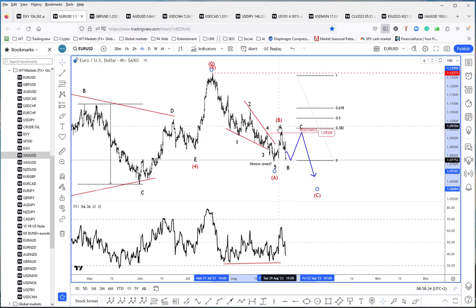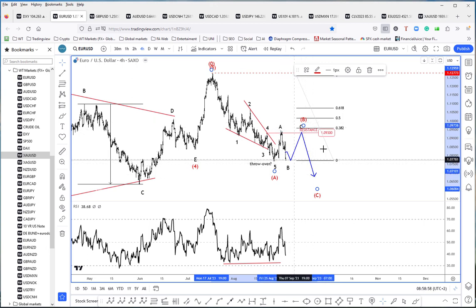I'm just not really sure if wave B has already finished here or will be a little bit more complex. If we cannot see continuation to the downside on Monday, especially on Tuesday, because there is a holiday on Monday in the US and Canada, so obviously the market could slow down a bit. I would expect that we will see a continuation to the downside at least on Tuesday.